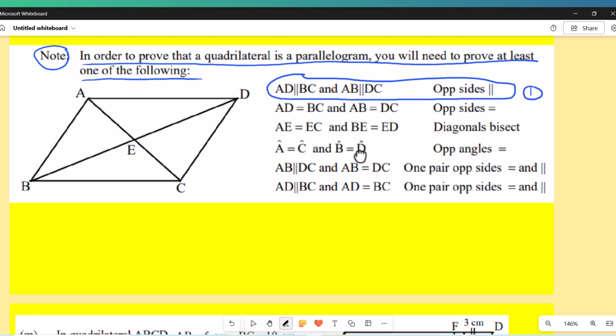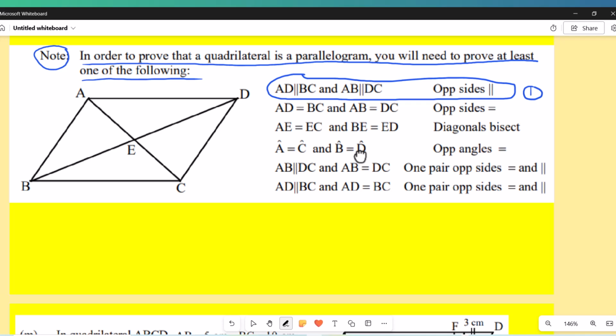If they say, prove that this figure is a parallelogram, if you can show that opposite sides are parallel, then it's a parallelogram. Hello, do you hear me? Can I proceed? Adiva, can I proceed? Yes, sir.